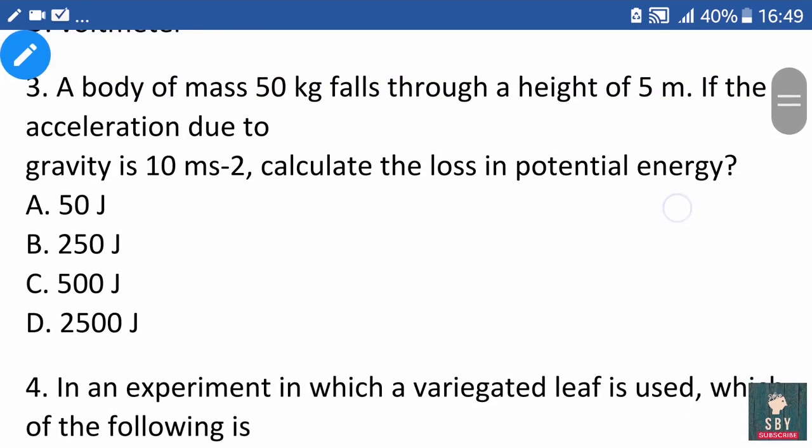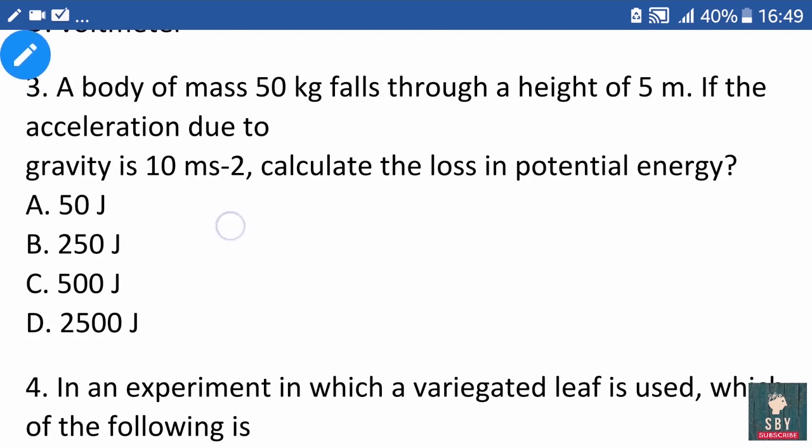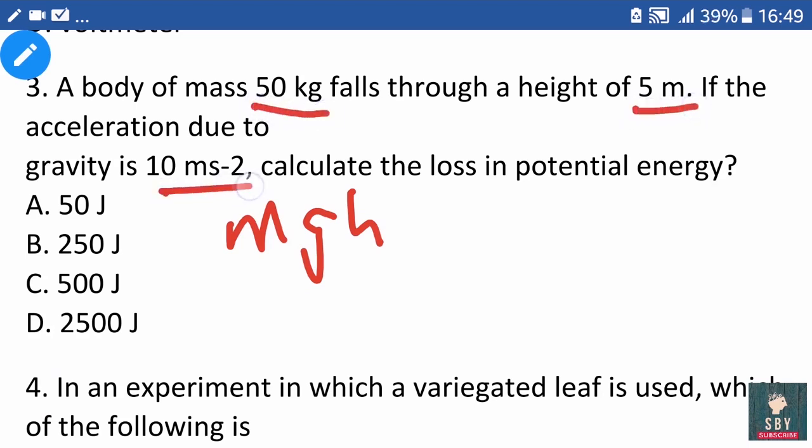So the next question. A body of mass 50 kg falls through a height of 5 meters. If the acceleration due to gravity is 10 meters per second squared, calculate its potential energy. Now, potential energy is mass times gravity times height. So this is the mass, this is the height, and then the value for the gravity is this.